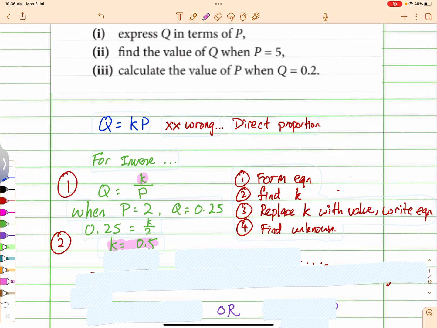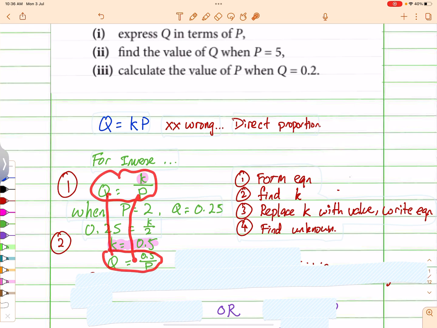So replacing means rewriting this here. The Q remains as Q, the P remains as P, but the K is 0.5. I will replace the K with the number 0.5, right?